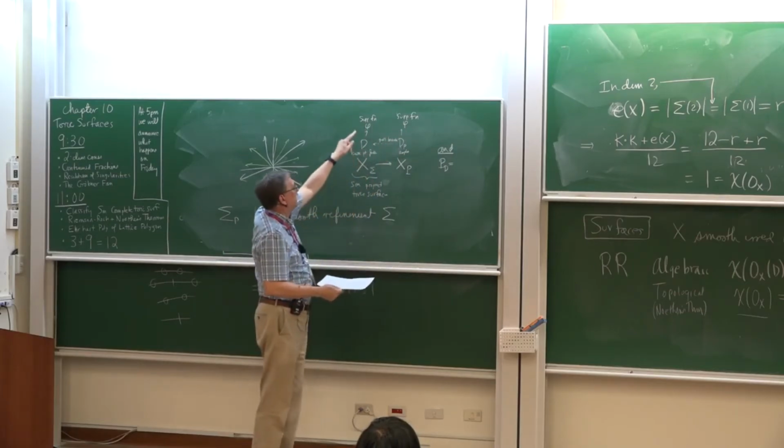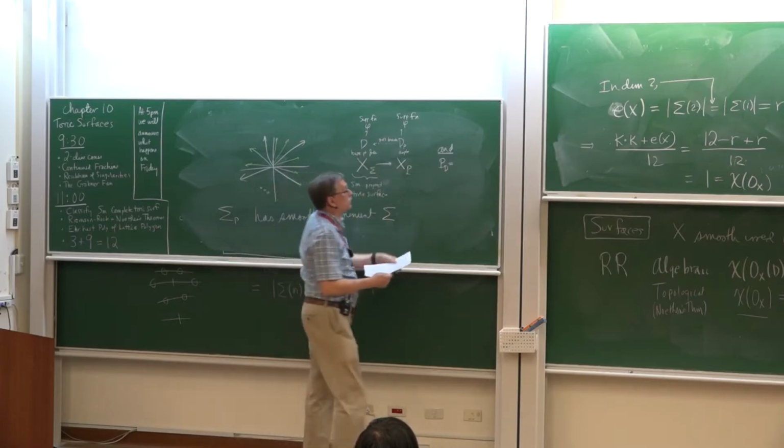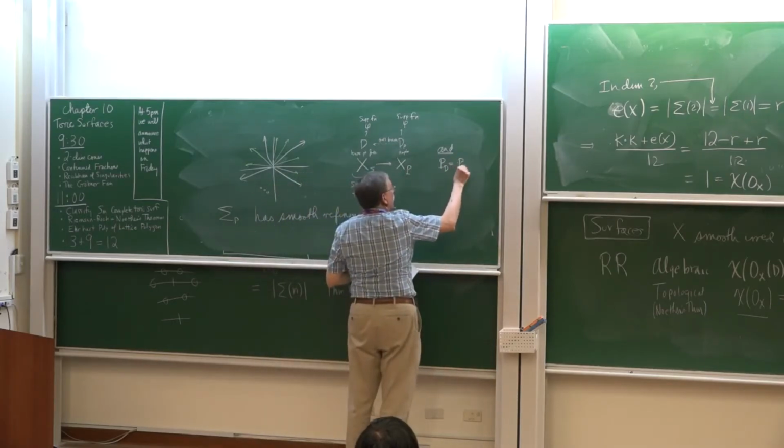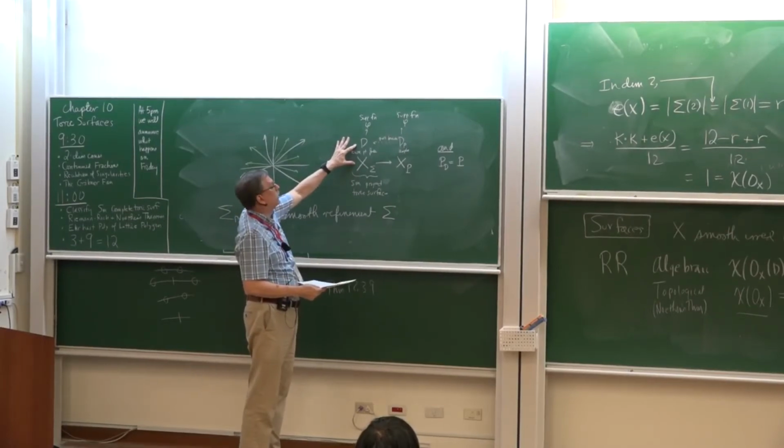So when I build the polytope of this, what do I get? I just get the original P.